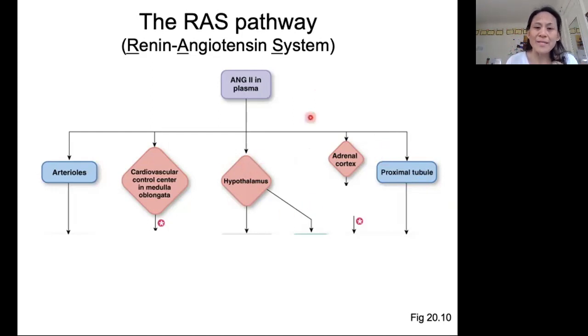But at the hypothalamus and the adrenal cortex, you want to think about what hormones are going to be secreted at those targets and what the action of those hormones are going to be. Okay, so go ahead. Now is the time. Hit pause and think about what those effects are going to be.